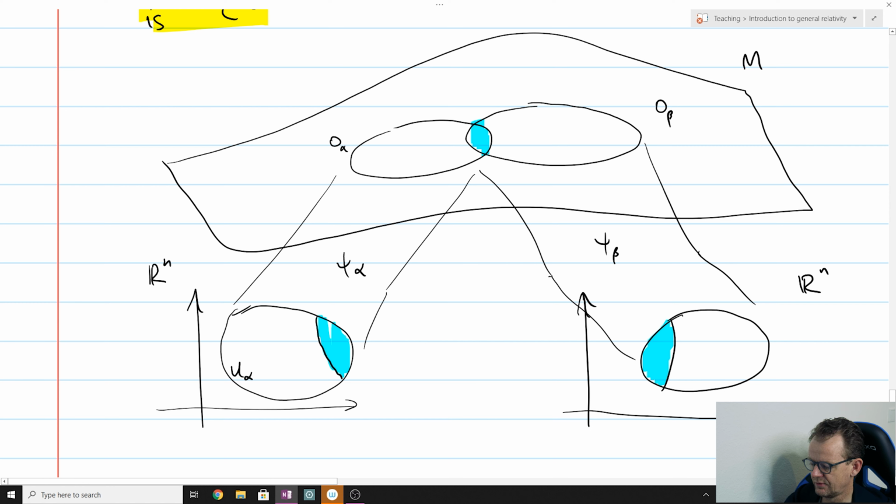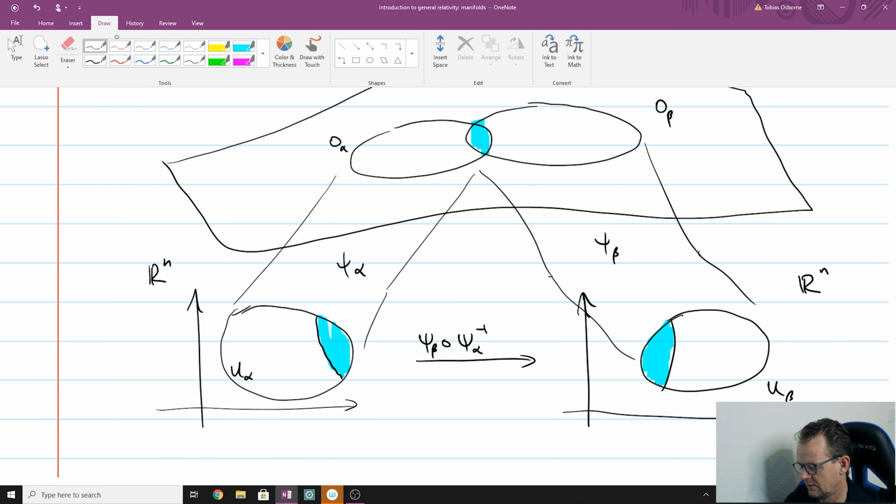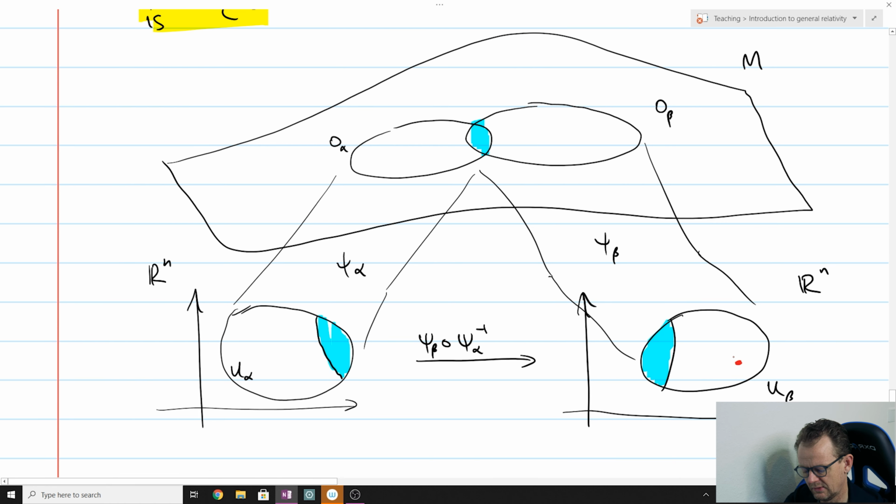But now you can also form a new map, and this new map is psi beta composed with psi alpha inverse. So imagine you have a point in this set U alpha, U beta. I've drawn the point red. You can form the function psi beta inverse that goes in the opposite direction to find out where that point is, of course I drew it wrong.